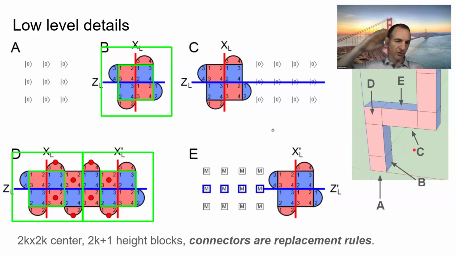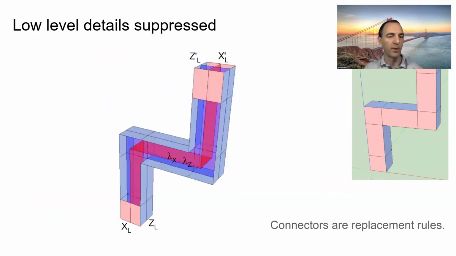And so the whole structure is then taking an amount of space-time volume. All right, so we want wherever possible to suppress the low-level details and just focus on this idea that our logical X operators, X is red, stick to red boundaries and can be dragged through structures, and our logical Z operators, blue operators, stick to blue boundaries and can be dragged through these structures.